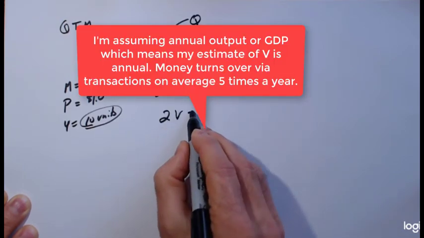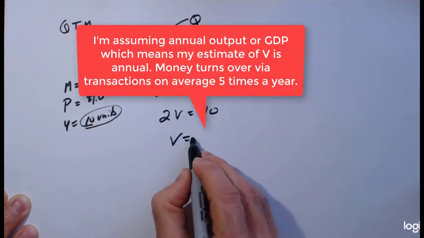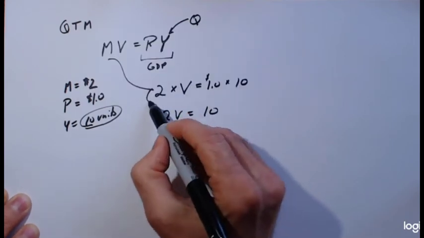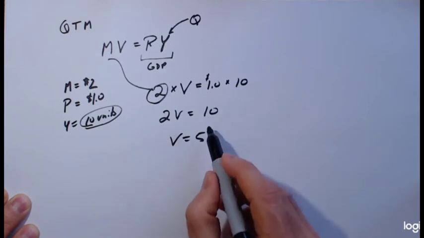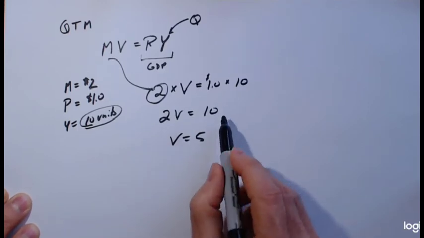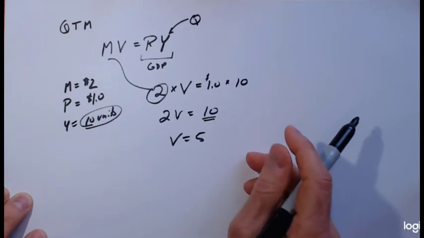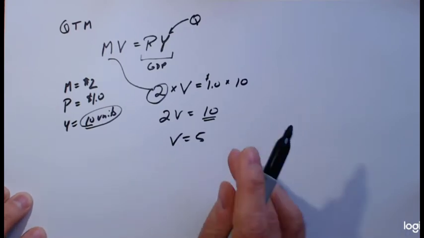So it's 2V equals 10, V equals 5. In other words, this $2, which is in the money supply, turns over 5 times in order to have a GDP of $10 nominally.